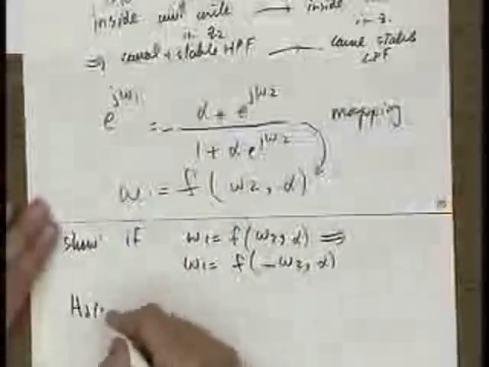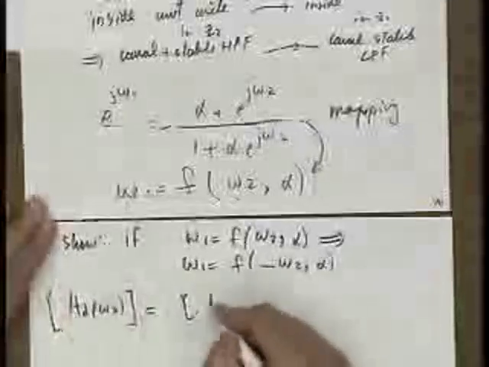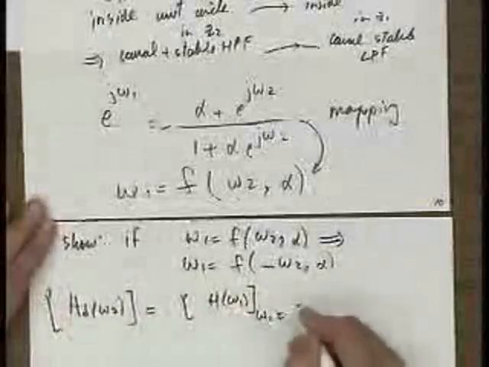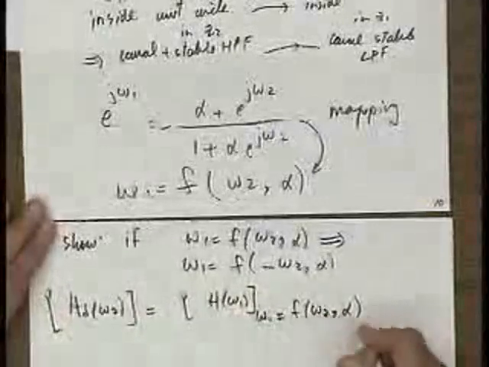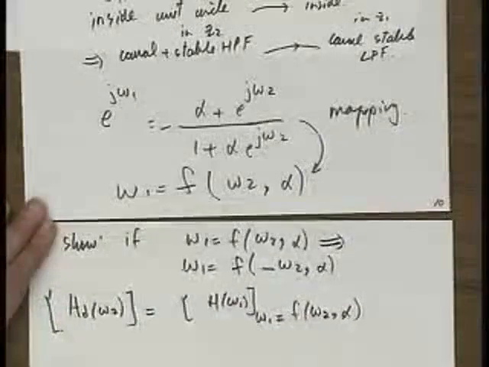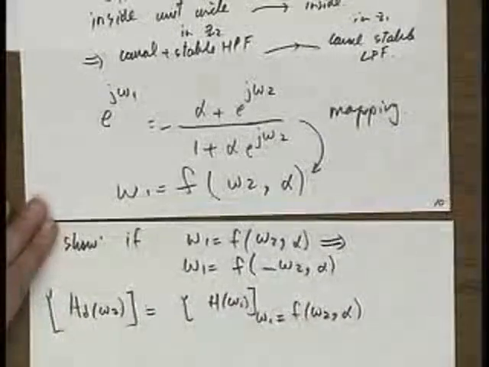Okay, so what can we say about the mapping between omega 1 and omega 2? Well, we already know that H sub d of omega 2, our filter in the Z2 domain, is just equal to H of omega 1 with omega 1 replaced with this f of omega 2 comma alpha. And it's the same argument as I used 5 minutes ago.